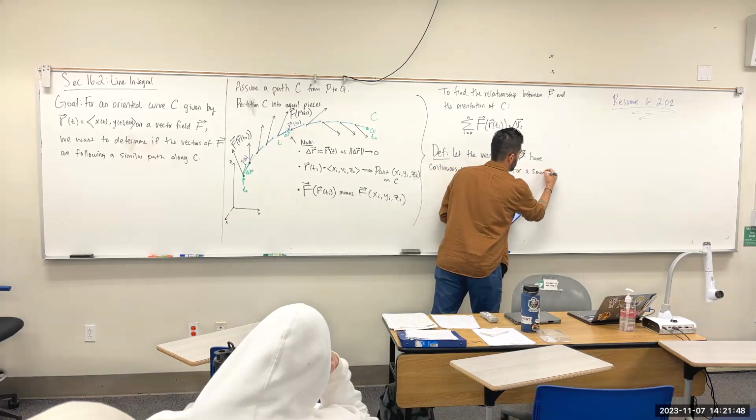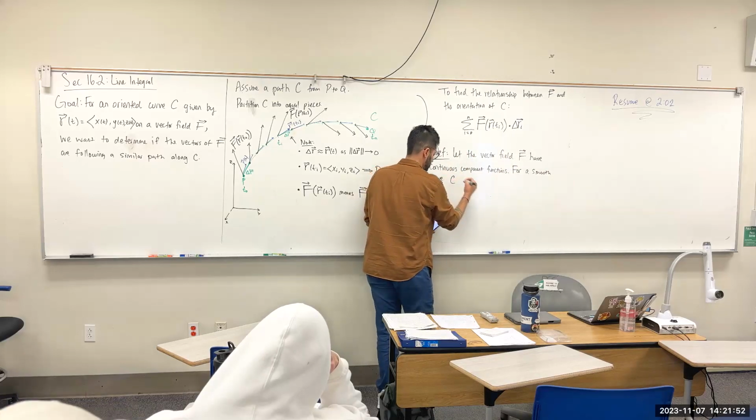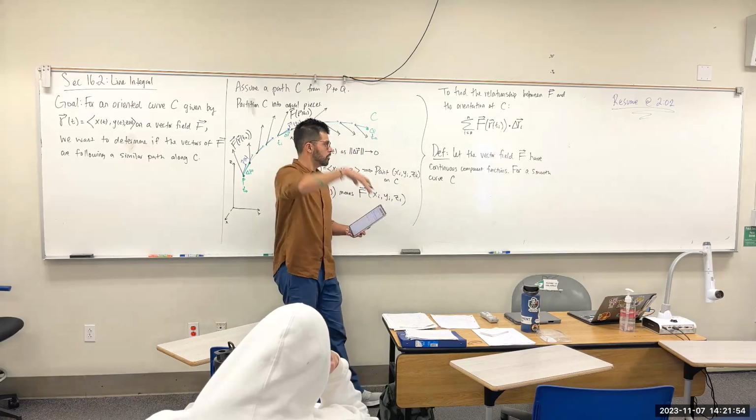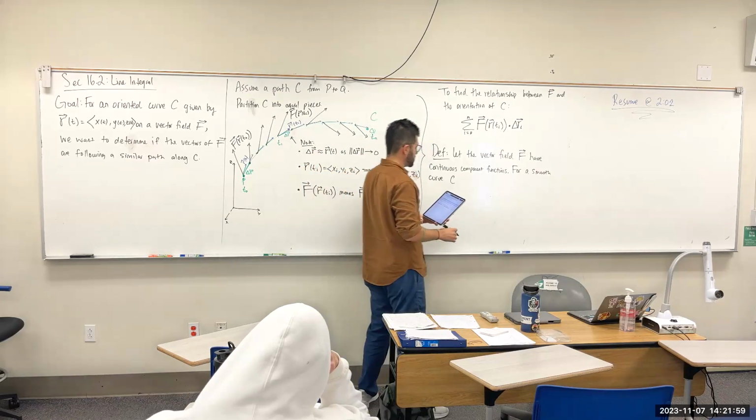For a smooth curve C, right? We want it to be smooth, no crazy corners or cusps or anything like that.